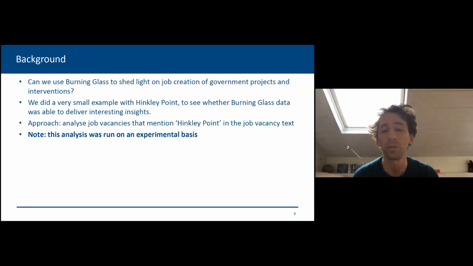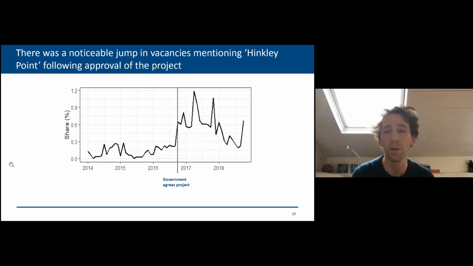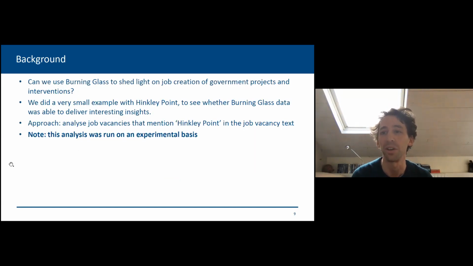And so what we did was just look for job vacancies that mention Hinkley Point in the job text. It's a very simple rule, and just see what we could find. Now, this is a purely experimental piece of work, and to note that this isn't actually used for monitoring and evaluation at the moment. Next slide, please.